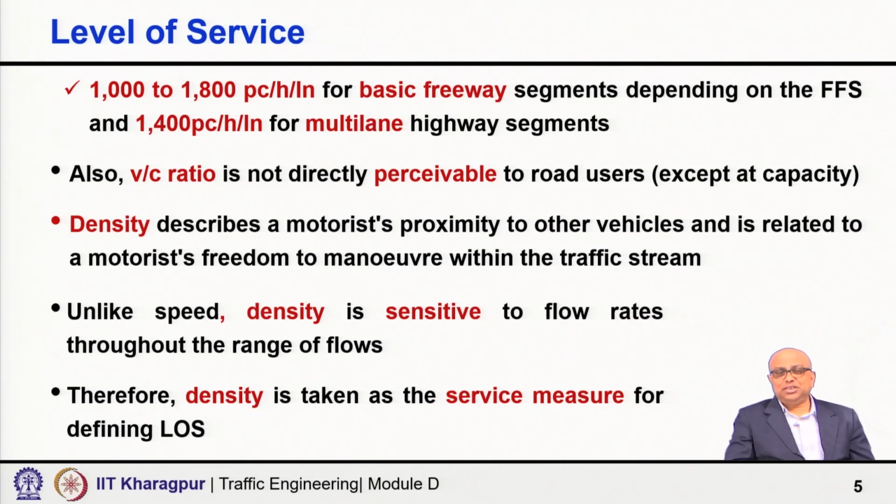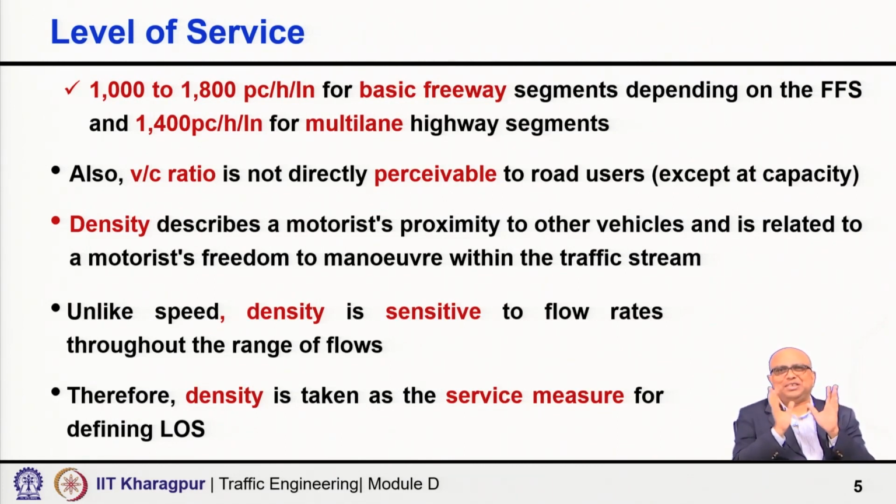Volume to capacity ratio is also not directly perceivable to the road user, except when the flow state is around capacity. Then there is significant congestion, and with a slight change in the flow, the flow state changes from the steady state to forced flow condition.